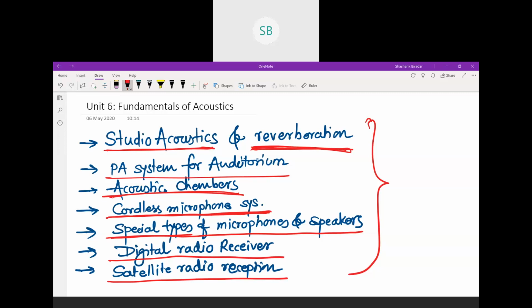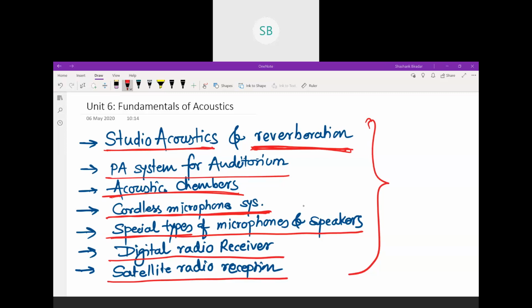After that we will focus on the absorption coefficient and various parameters. We will take 2 or 3 problems so that the concept will be clear for you to understand in what direction we are going. Understood?